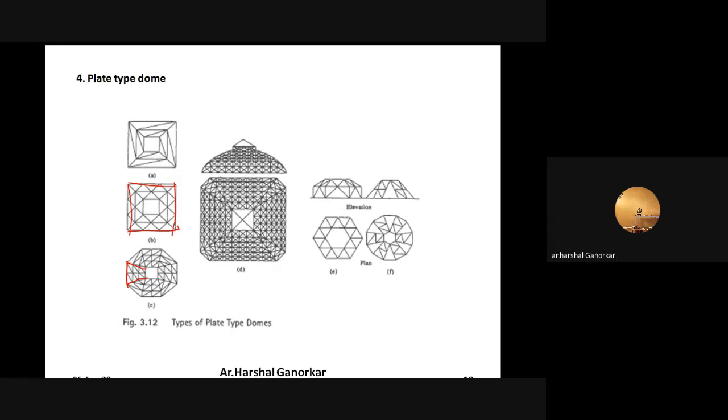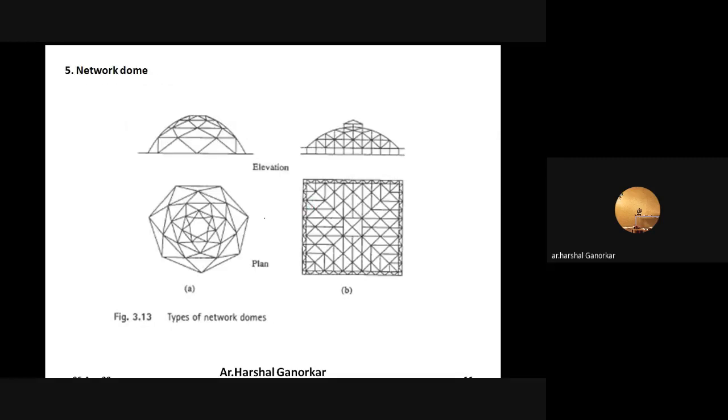In plate type dome, what happens? The outer profile or the elevation you would get in a dome or curve, but the plan is in square only. So these are the square plans, but with the curve or domical elevation. Then network dome.